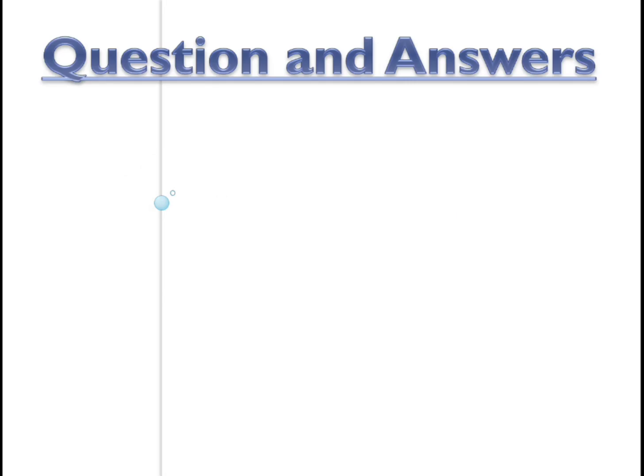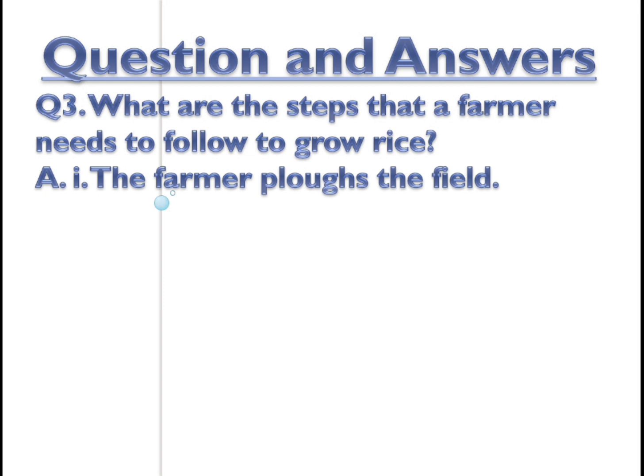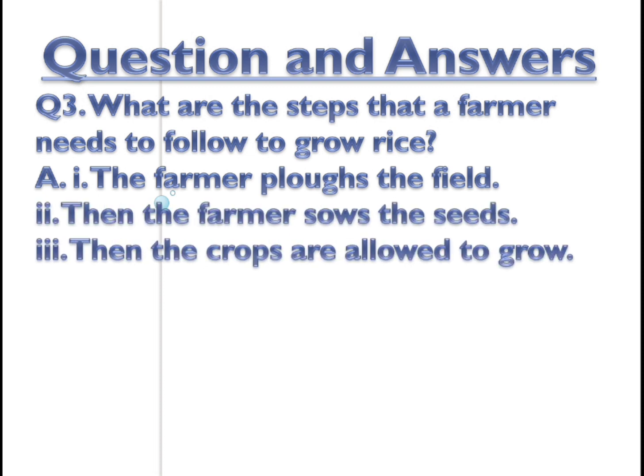Coming to your question answers, write what are the steps that a farmer needs to follow to grow rice. So first the farmer has to plow the field, then he has to sow the seeds, then he has to allow the crop to grow. That means he will be using the water, pesticide, insecticides to the crops so that the crops grow properly.